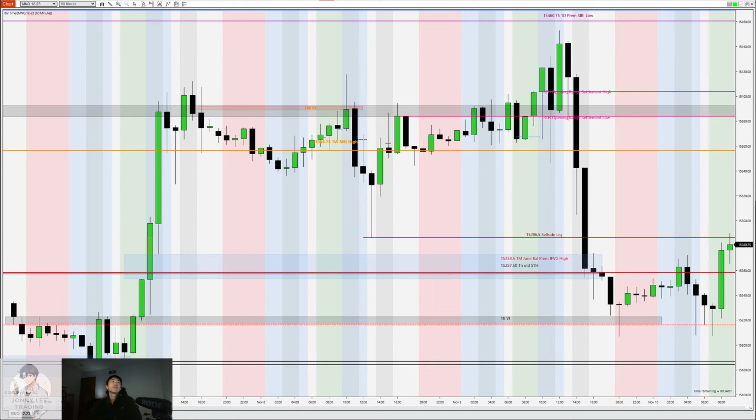Okay. Previous mitigation block there. We've come down into this buy side imbalance, so we no longer need to hold this here.